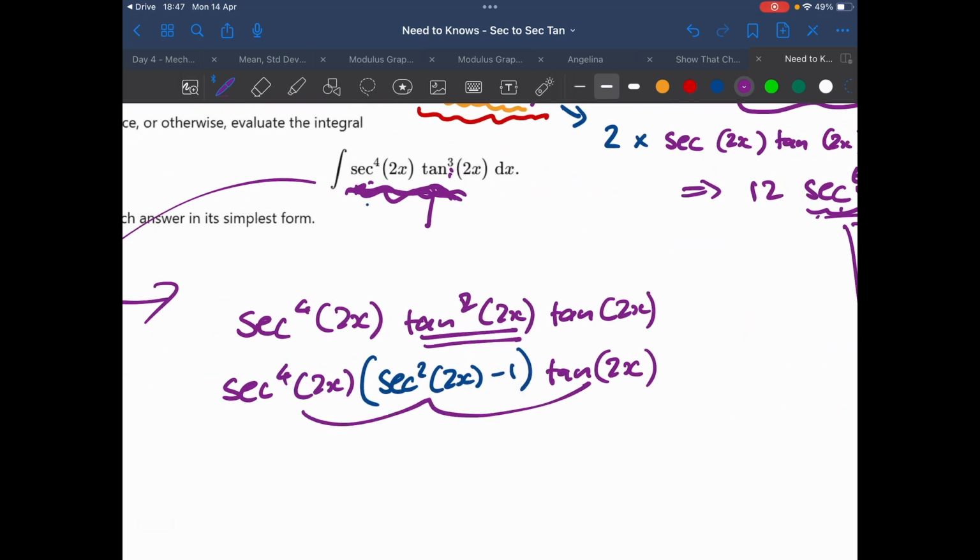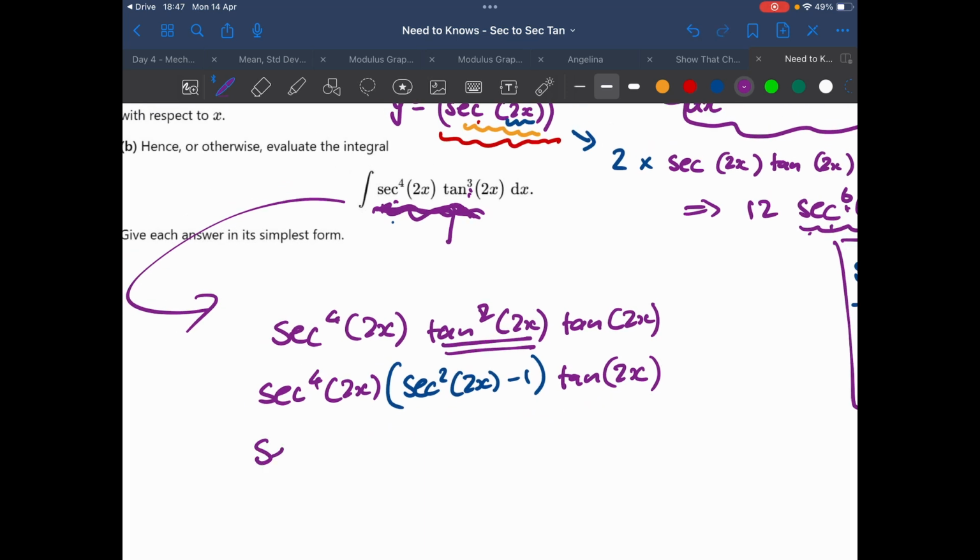If I expand out like so, what will I get? Well, I'll get sec to the power of 6 2x tan 2x, and I'll minus for the next one, sec to the power of 4 2x tan 2x.